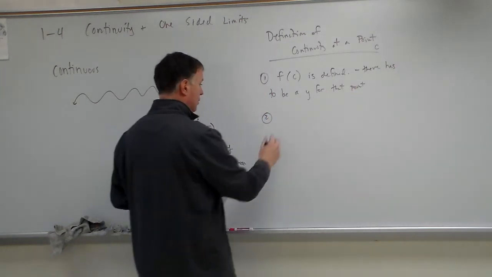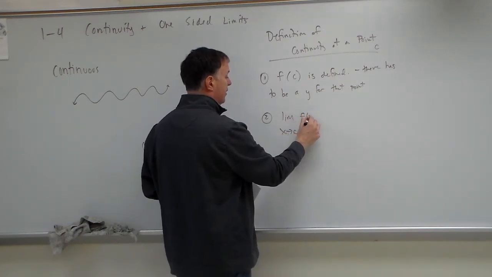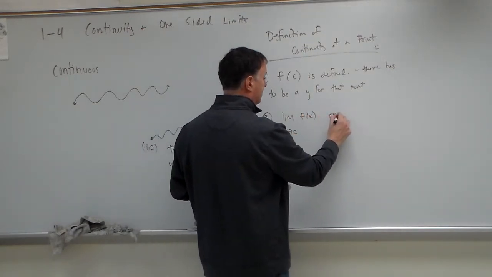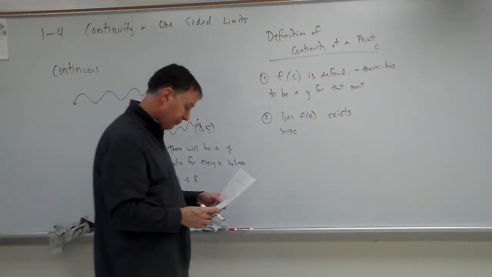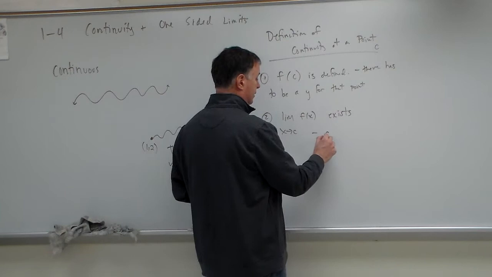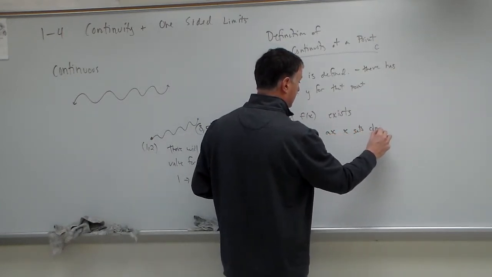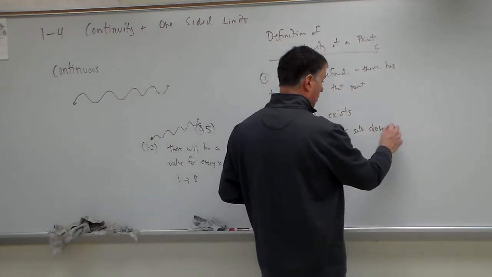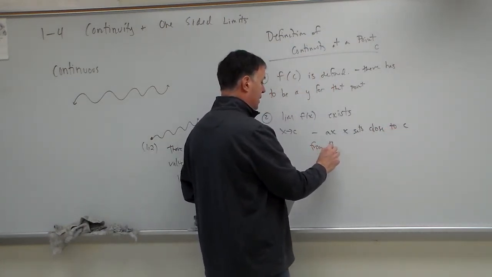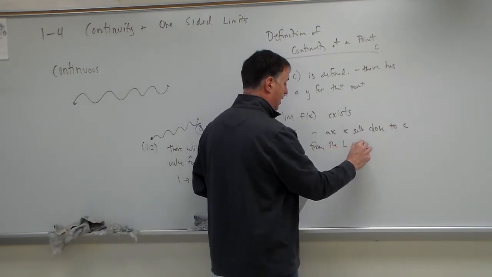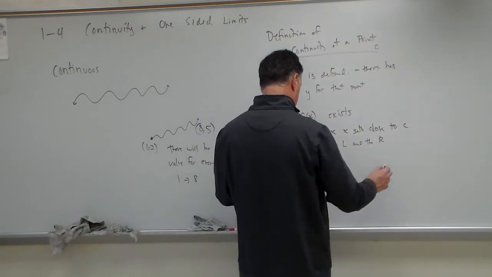Number 2, the limit as x approaches c of f of x exists. And what does that mean? Well, as x gets close to c from the left and the right, the limit exists.